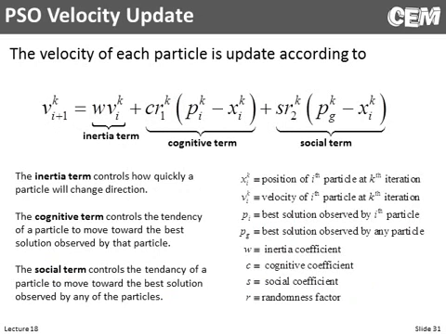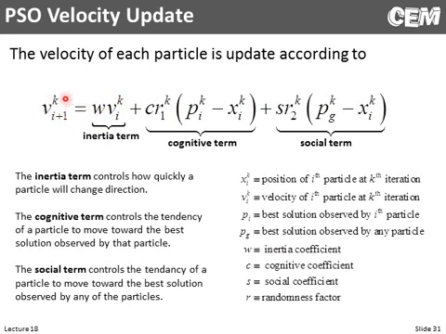So here's the update equation for velocity and all the different terms. We have the velocity of the kth particle at iteration i plus 1. We're going to use information from the previous iteration to calculate the velocity for the new iteration. The first term is the inertia term.